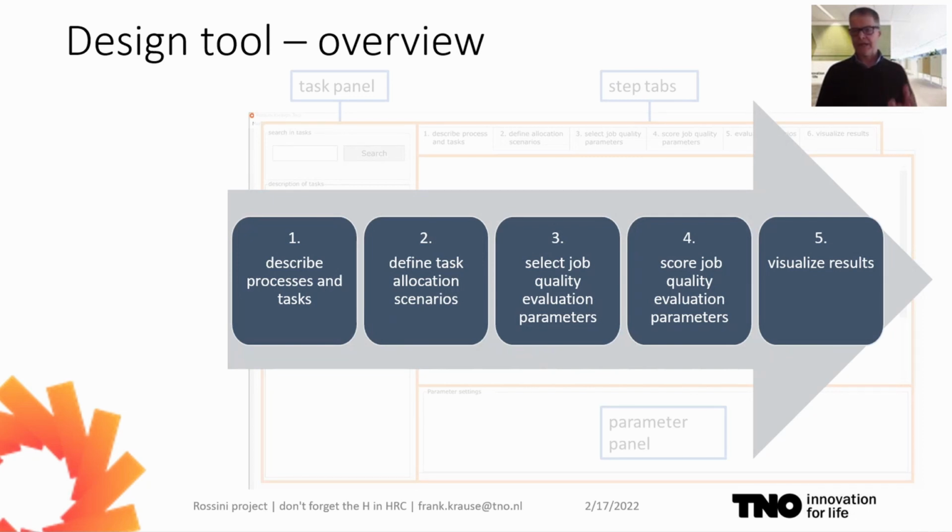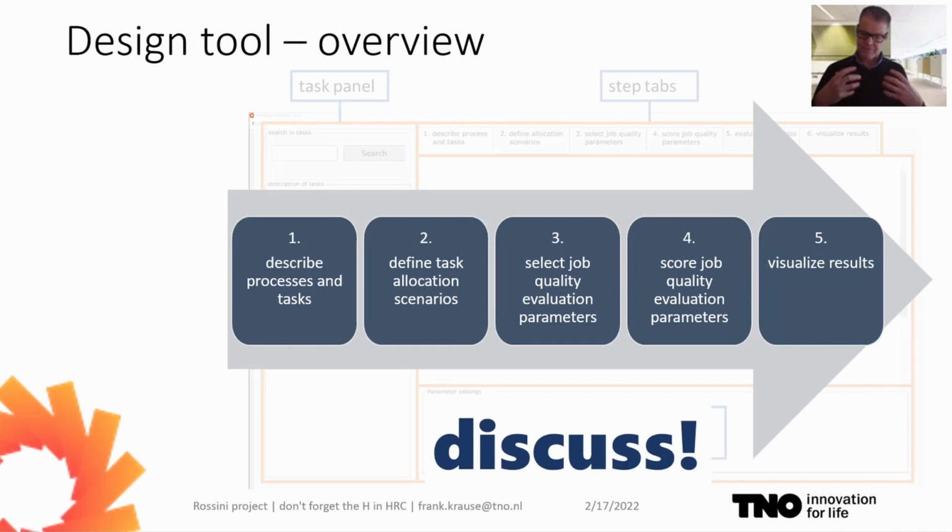You define task allocation scenarios, who's going to do what, select job quality evaluation parameters, and score the job quality evaluation parameters, and the system also visualizes the results. There's an important point about this: to stimulate discussion about the changes you are going to make.